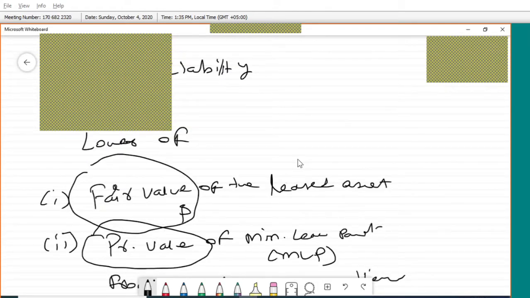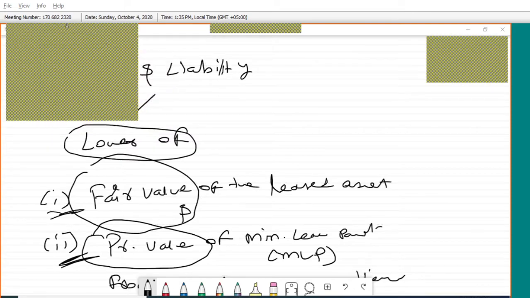For identifying the present value only, I explained this much. Because the lower of these two becomes the opening balance of assets and liabilities in the books of the lessee in case of finance lease.